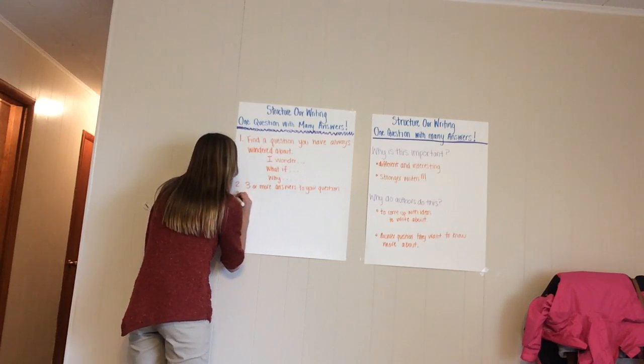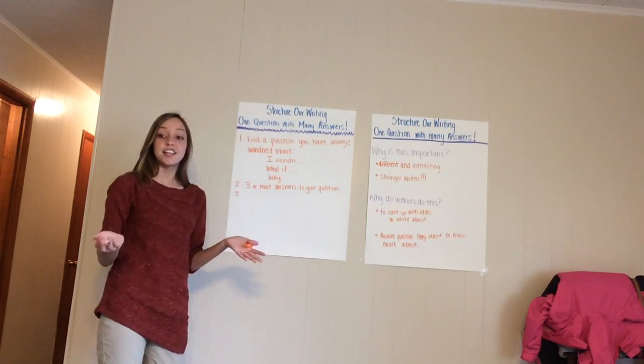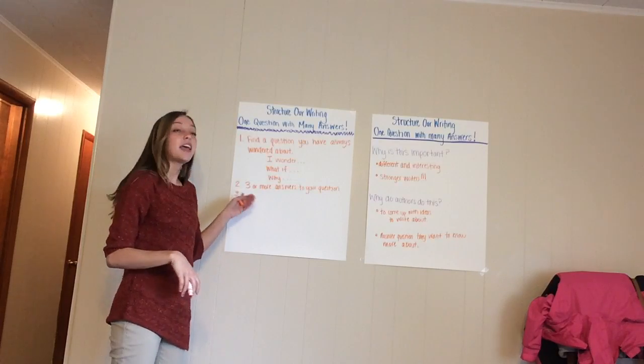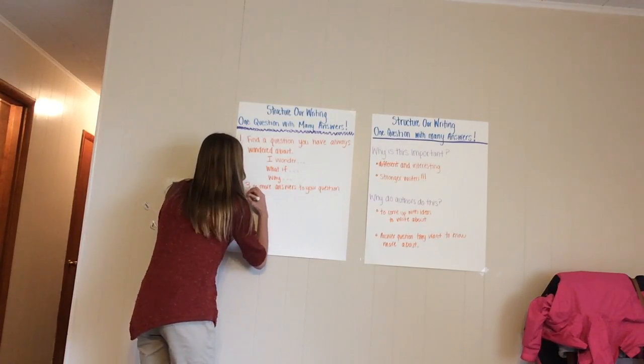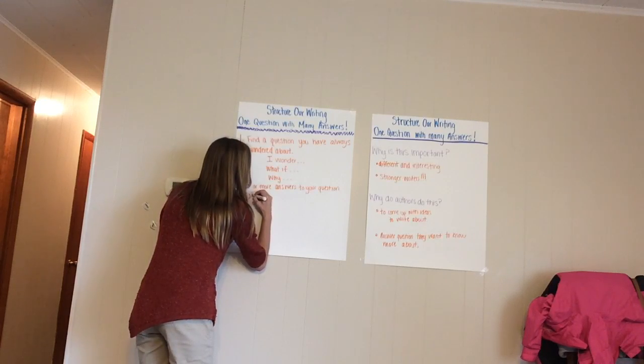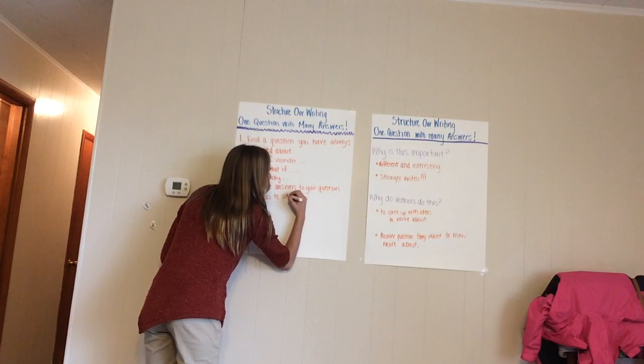And then the third and last thing you're going to do is make a story out of all these ideas you came up with. So use ideas to write a story.